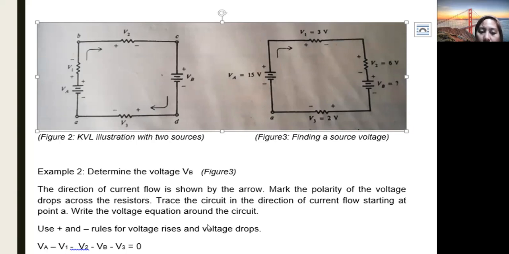Again, take note that the voltage applied minus the sum of the voltage drops should always be equal to 0.